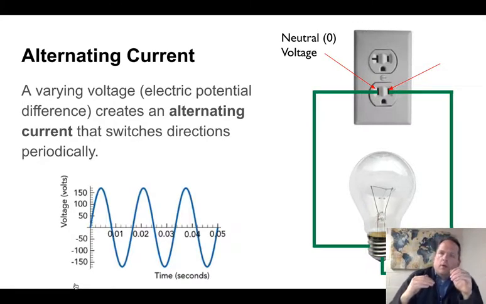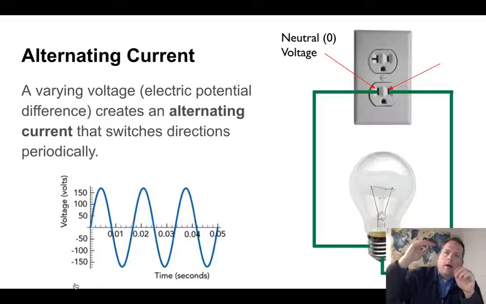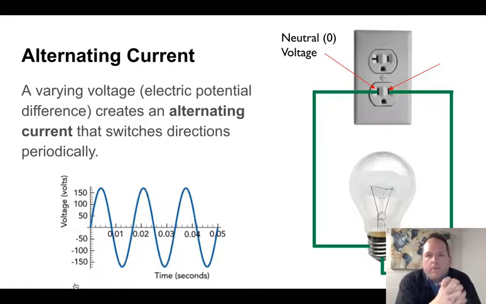So sometimes your voltage is going to be high, and then sometimes your voltage is going to go back to zero, and then sometimes the voltage will go negative maximum back to zero, and you get this waveform of voltage as a function of time.